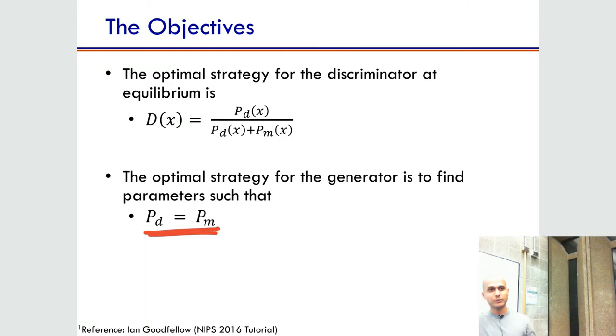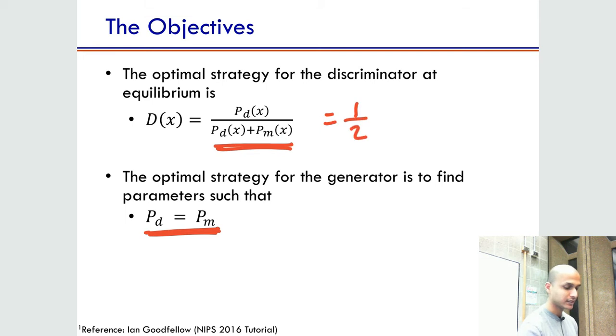So the best thing that the generator can do is to figure out the real data distribution and try to generate that. And if this is what the generator does, then the discriminator has no choice: if you substitute P_D for P_M, D(x) is equal to 1/2.